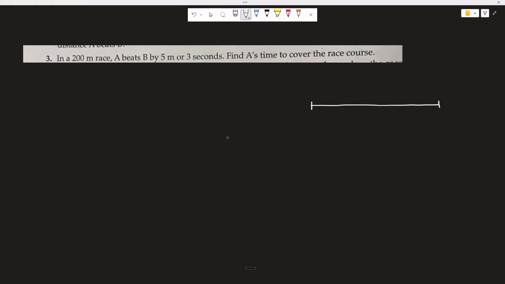The entire race course was 200 meters. A beats B means A is at the finishing point and B is some distance behind A. If measured in distance it is 5 meters, and if measured in time, it is 3 seconds.